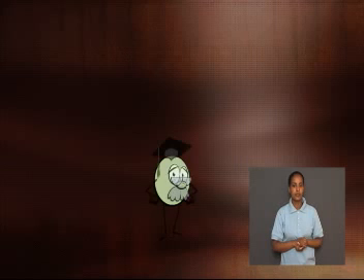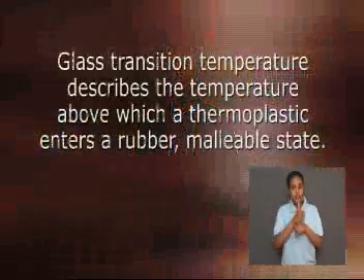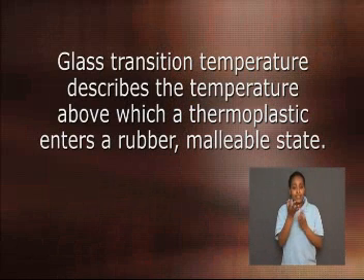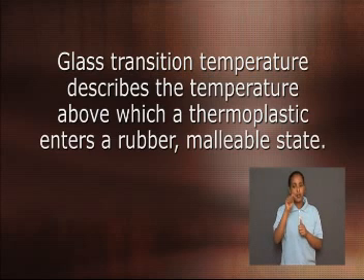Time's up. Let's get back to our lesson. Welcome back, students. How did you manage with this exercise? The glass transition temperature describes the temperature above which a thermoplastic goes from a brittle to a rubbery state.